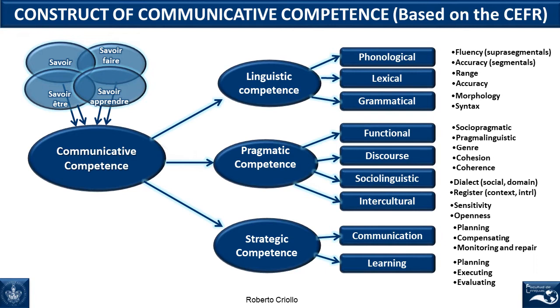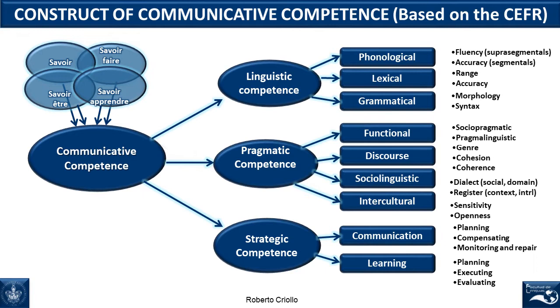So we can see that the construct of proficiency is very complex because it involves savoir, savoir-faire, savoir-être, savoir-apprendre, and also the different kinds of competences that you need to develop, such as linguistic, pragmatic, or strategic competence.